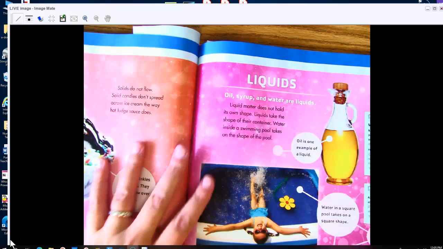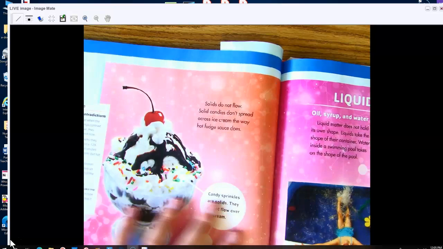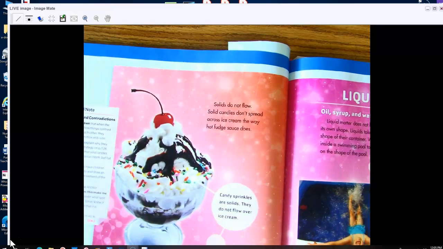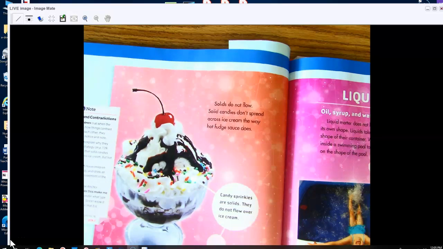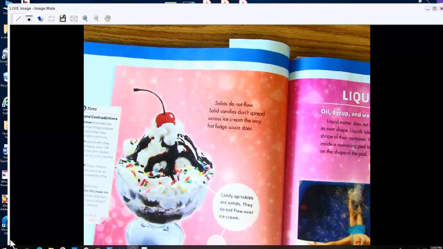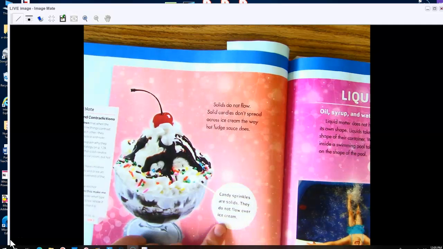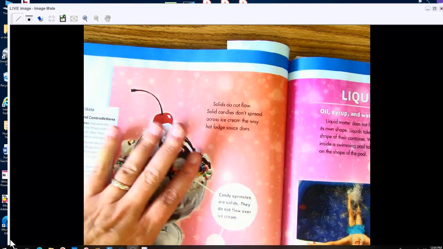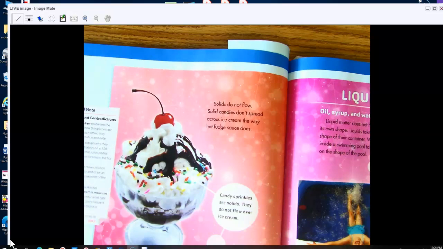Okay, solids, oh, here's something else we can learn about solids. Turn the page. Solids do not flow. Solid candies don't spread across ice cream the way hot fudge sauce does. Let's point to the caption here. Candy sprinkles are solids. They do not flow over ice cream. So what do I learn here about solids that helps me understand what the word solid means? Corbin?